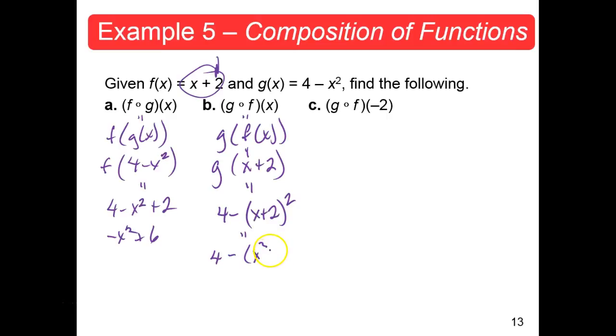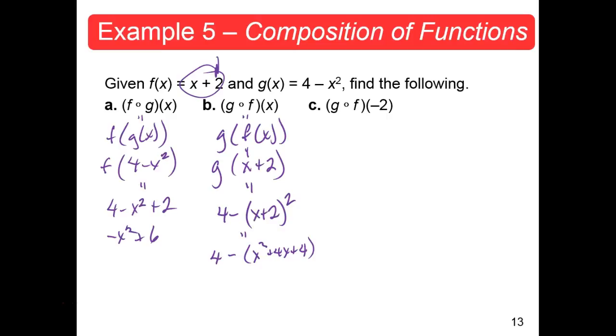Plus another 2x would be plus 4x plus 4. Yeah. Don't just square the pieces, you have to square the entire thing. Here's the rule. Either write it out, and I can tell you're mentally writing it out: x plus 2 times x plus 2, foil, x squared plus 2x plus 2x plus 4. Yeah, I could hear the teeth grinding in there, okay?